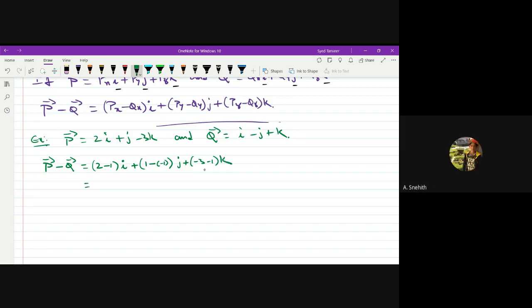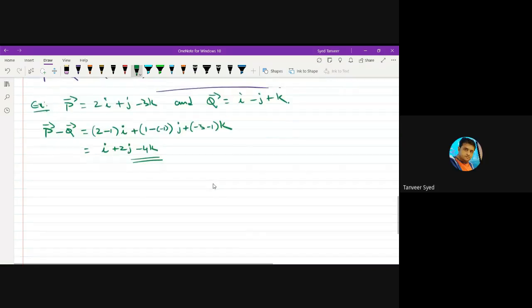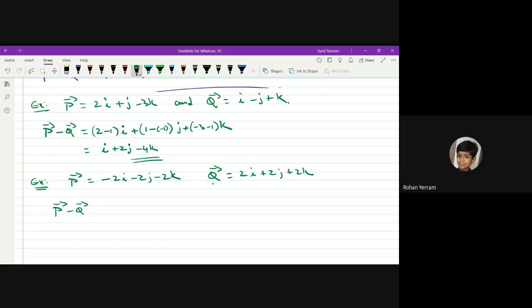That is i plus 2j minus 4k. I hope everyone knows the rules of subtraction. So nothing new here, nothing complicated. Minus 4i minus 4j minus 4k.